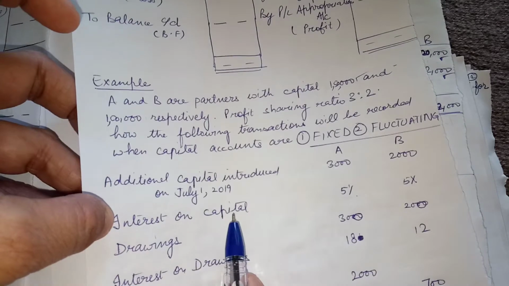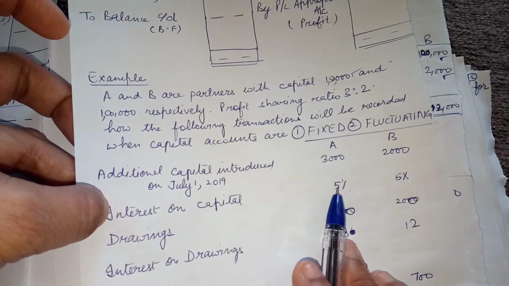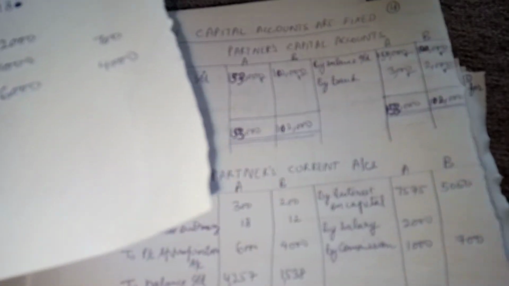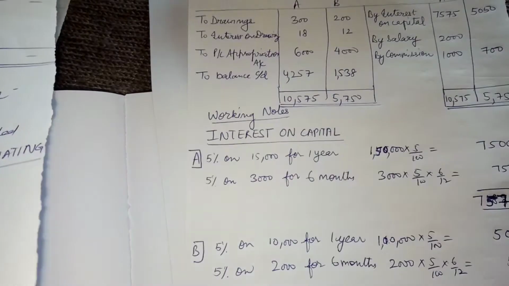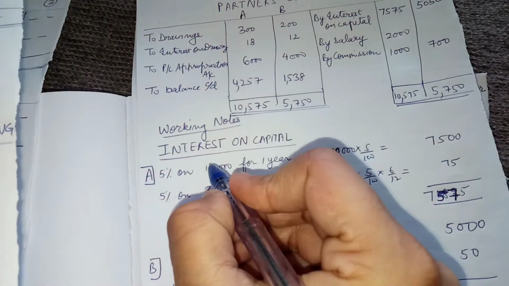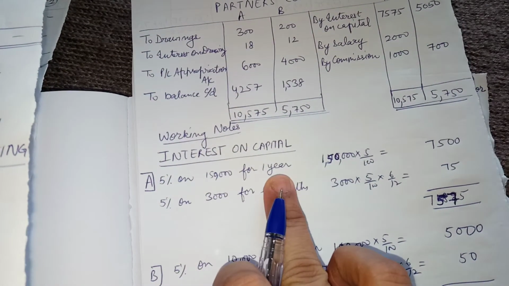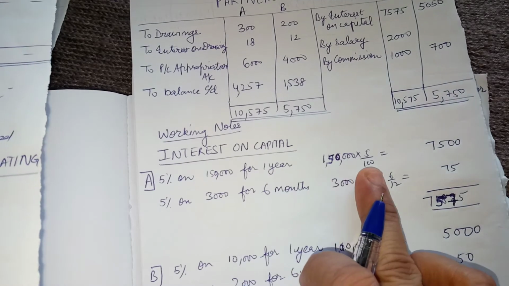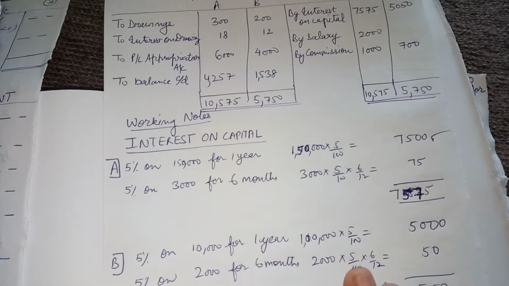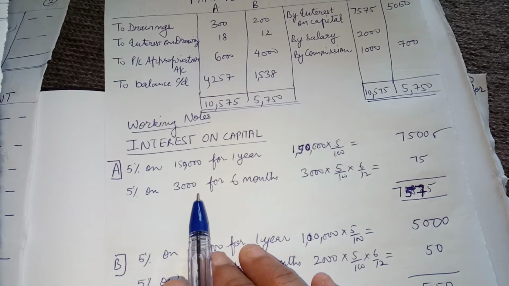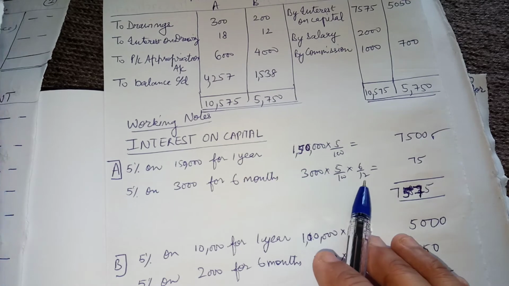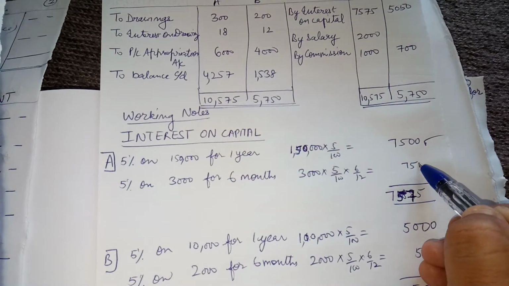Number 1 entry is interest on capital at the rate of 5%. So here is a basic working note on that. Let us see for A: 5% on 1,50,000 for 1 year, that is 1,50,000 into 5%, it comes out to be 7,500. And then 5% on 3,000 for 6 months, 3,000 into 5% into 6 by 12, that is 75 rupees.